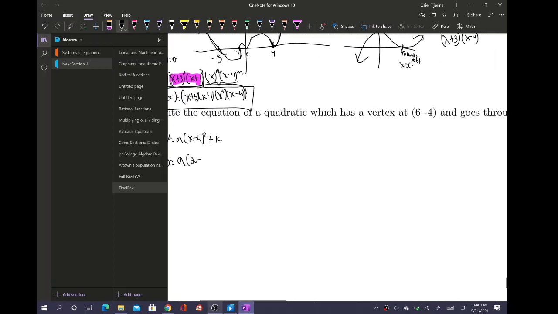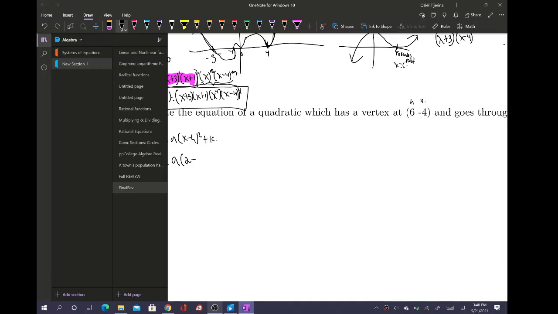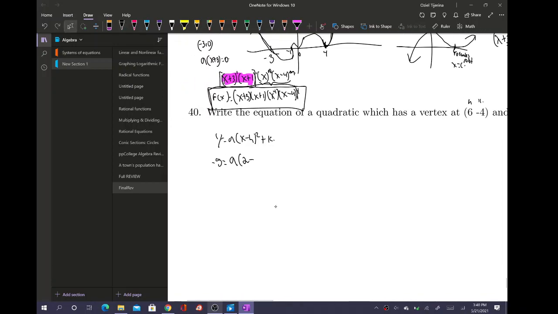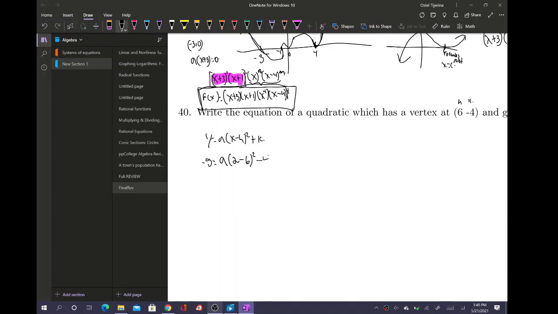And the vertex is h, k, so h is 6, and then the k value is -4. So basically we have -5 equals a times the quantity 2 minus 6 quantity squared minus 4, and you would say -5 equals a times -4 squared minus 4. This is -5 equals 16a minus 4.